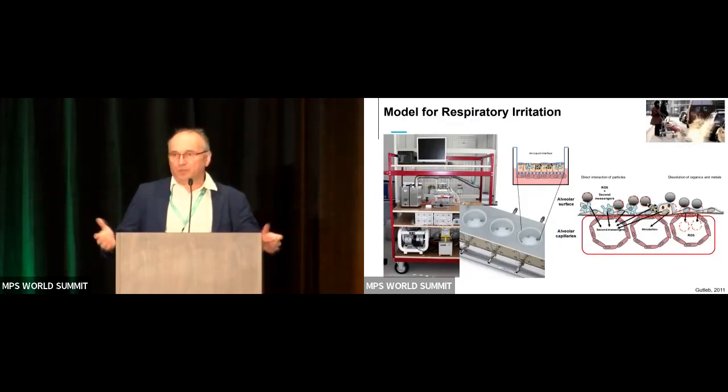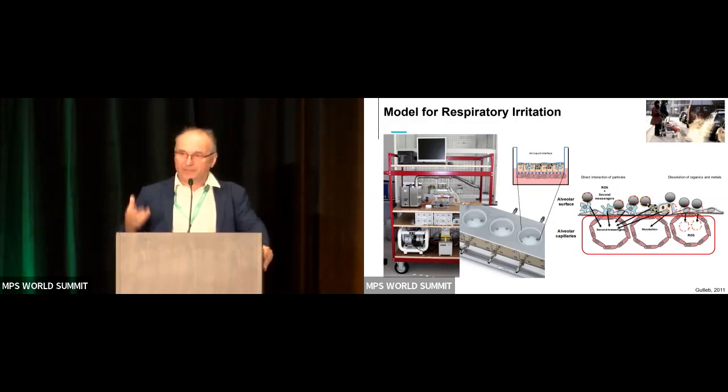Now we have a complex model, and I want to show you also kind of the beauty of complexity and what you can do with a complex model. In this case, we sprayed diesel exhaust particles on the cell culture, on the epithelial side, like you would inhale. And what I will show you as a result is effects that we have seen on the endothelial side.